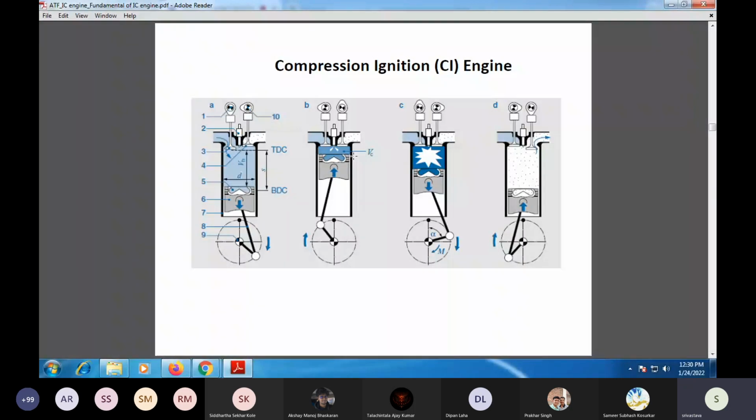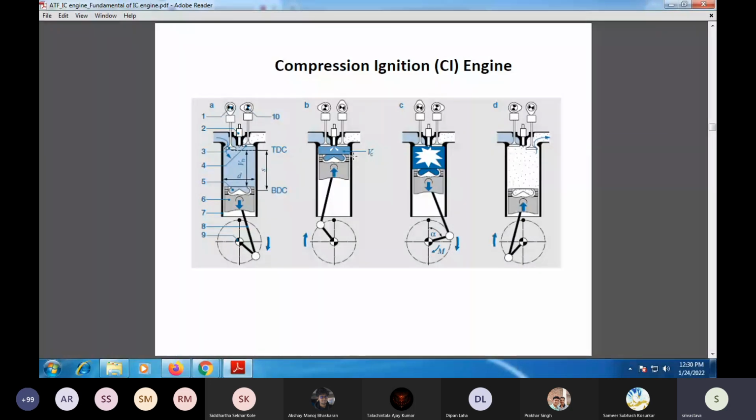Since the air fuel mixture distribution is heterogeneous in nature, the design parameter of the diesel engine should be such that we can improve the homogeneity of the air fuel mixture. So how can it be improved? There are two ways that we can improve it, or we have to utilize both options.